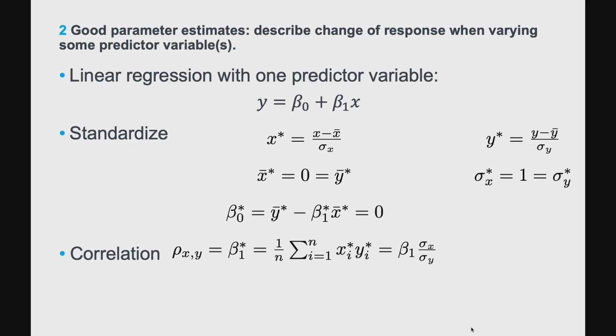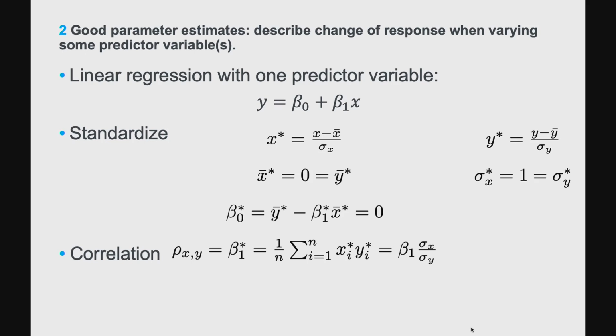And this beta 1 star is then simply described by this connection between the xi's and the yi's, and this is simply beta 1, the original one, but then modified by our standard deviation of the x's, divided by the standard deviation of the y's.